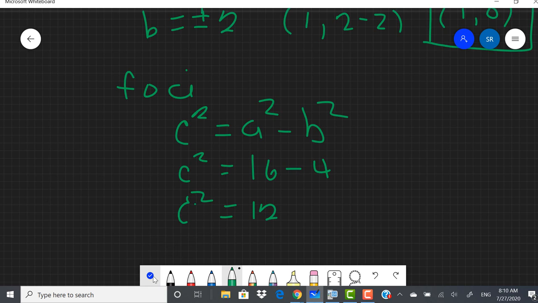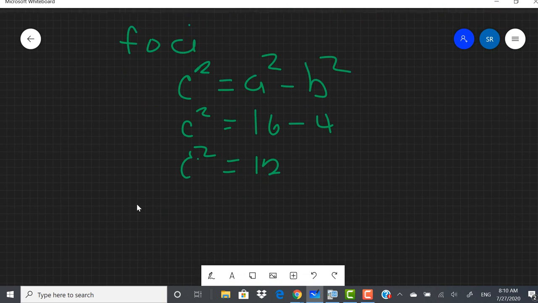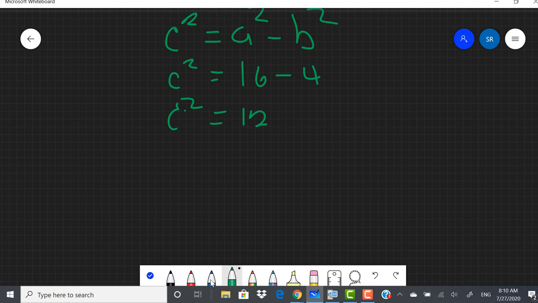And then this one doesn't come out quite as pretty. But my c equals plus or minus the square root of 12. And just treat square root of 12 just like we did in the previous ones. So my center is at 1, negative 2.